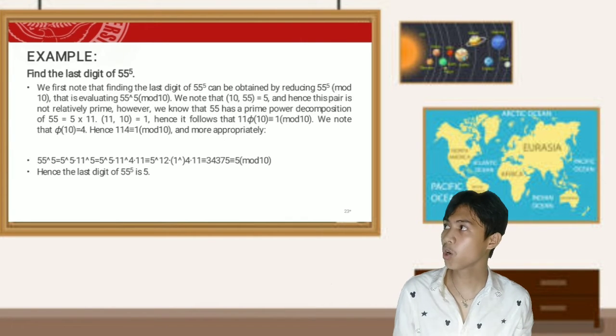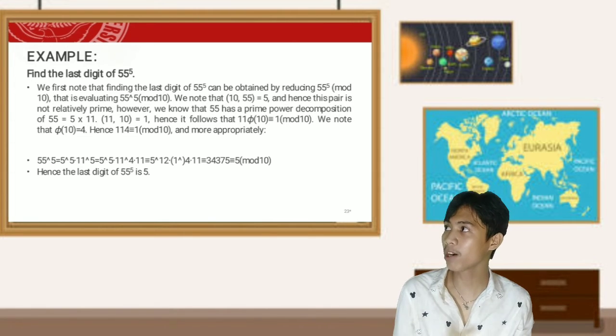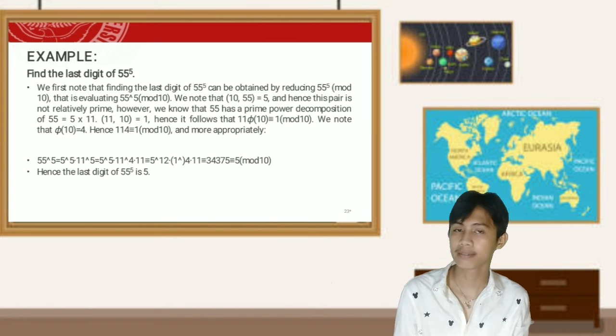So, 55 to the power of 5 is equal to 5 to the power of 5 times 11 to the power of 5, which is equal to 5 to the power of 5 times 11 to the power of 4 times 11, which is congruent to 5 to the power of 5 times 1 to the power of 4 times 11, which is congruent to 34,375, which is congruent to 5 mod 10.